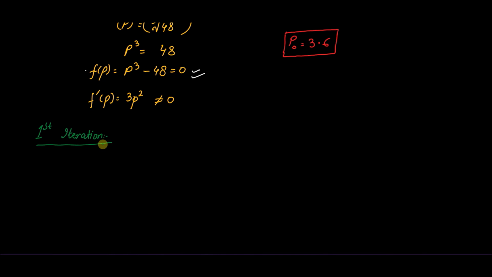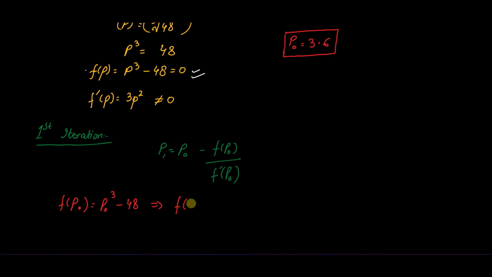The customized formula for the first iteration for this question is p1 equals p naught minus f of p naught divided by f prime of p naught. So I am going to evaluate these by putting p naught into the function and its derivative. So f of p naught equals p naught cubed minus 48.